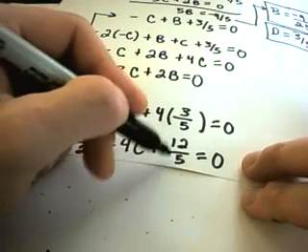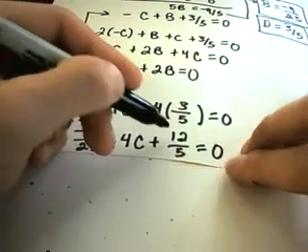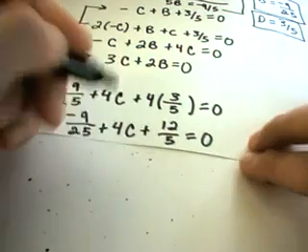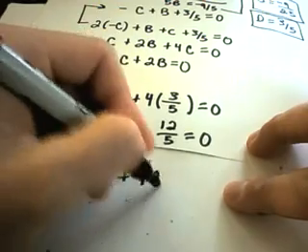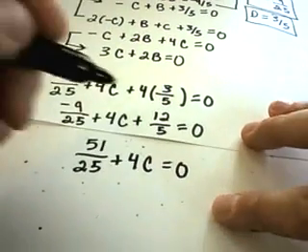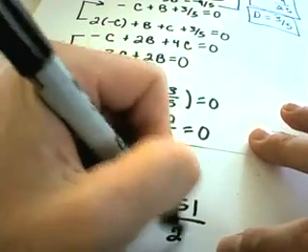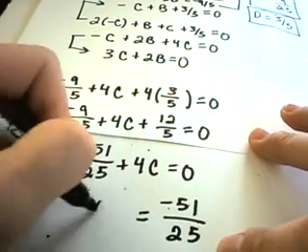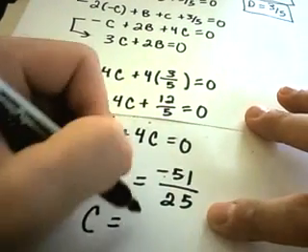If I get common denominators, I would multiply top and bottom by 5 on my 12/5. So if you multiply, you'll get 60 on top. 60 minus 9, you'll get 51 over 25. Plus 4c equals 0. Well, you could move the negative 51 over 25 over. You would have 4c. You could multiply both sides by 1/4.